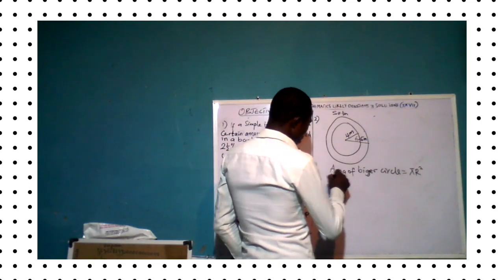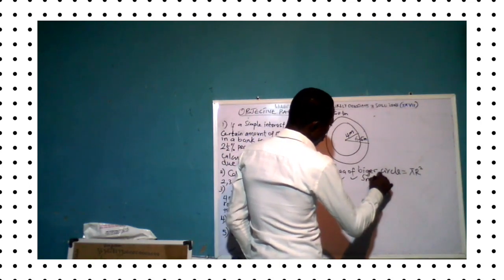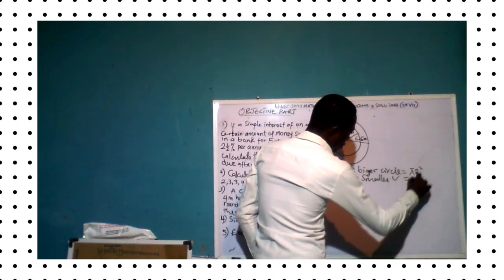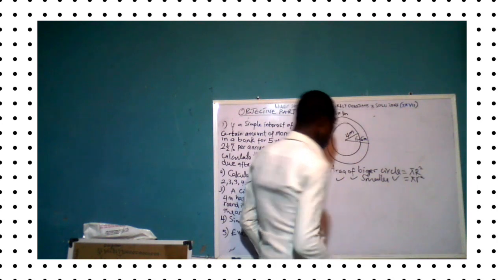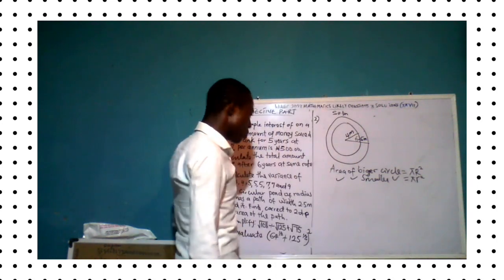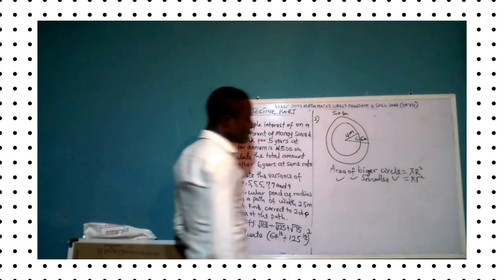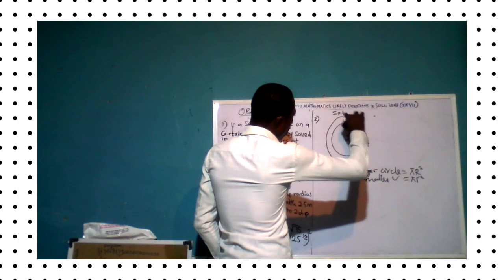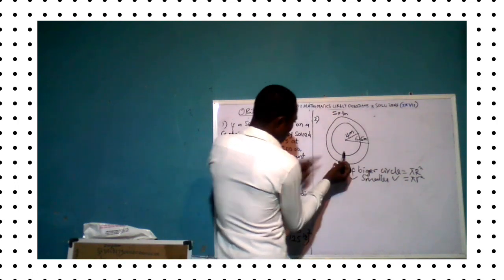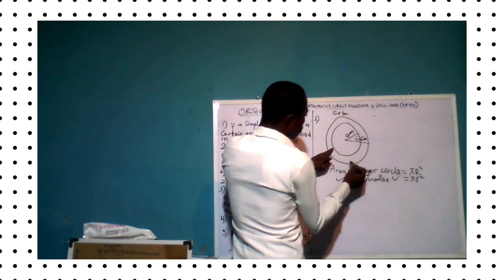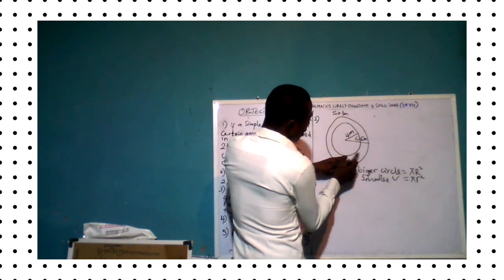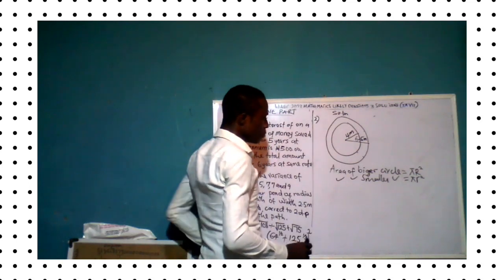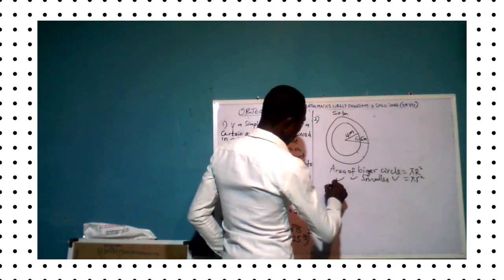Okay, and the area of this smaller one is equal to same pi r, but small letter r, to show that we are referring to the smaller circle. So now if this be the case, the bigger area minus the smaller area will give you the area of the path surrounding the pond.